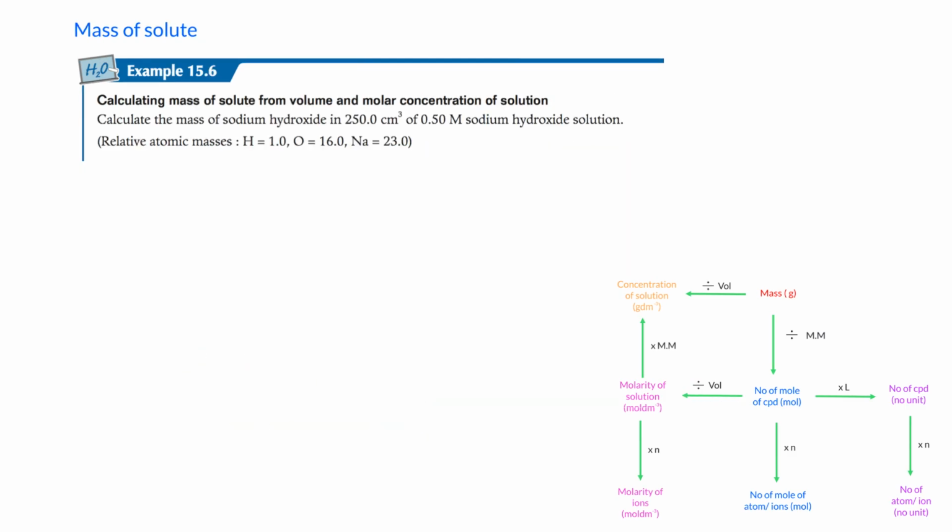Get it? So this time, we are going to find out the mass. We are giving you 250 cm cube. We got the volume, and we got 0.5 molarity. Do we have Mr? Yes, we have Mr because we know it is NaOH. So first of all, we calculate the number of mole first because that will be the starting point.